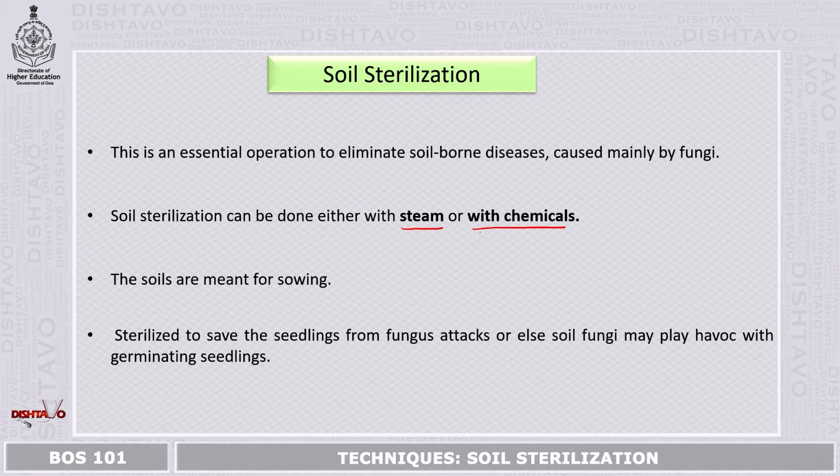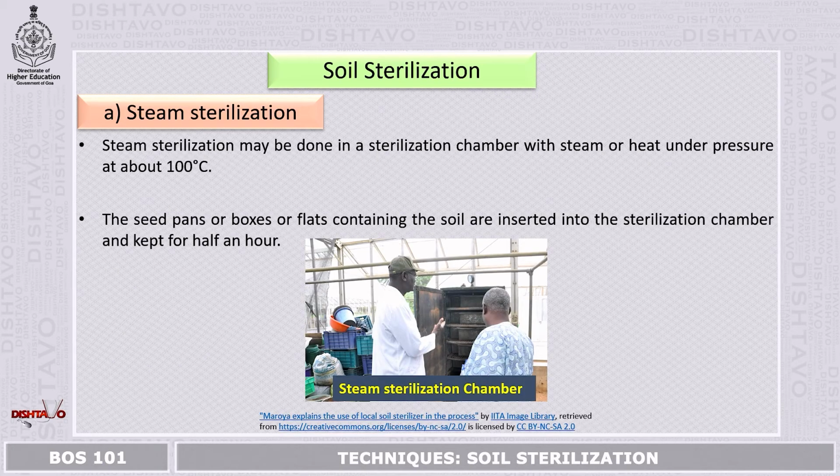The soil which is meant for sowing is sterilized to save the seedling from fungal attack, which may play havoc with the germinating seedling. So when we sterilize the soil, we remove the fungal spores and other debris which can interfere.